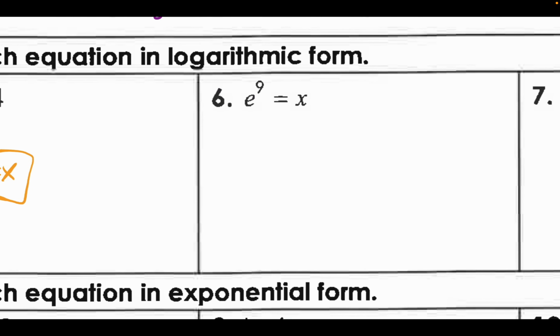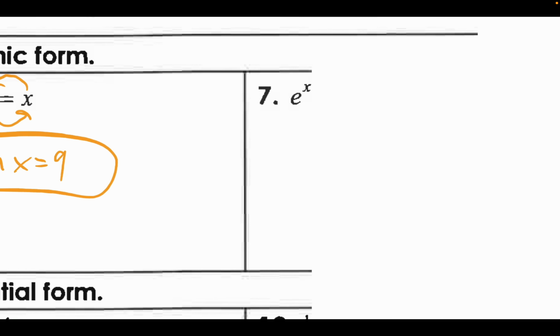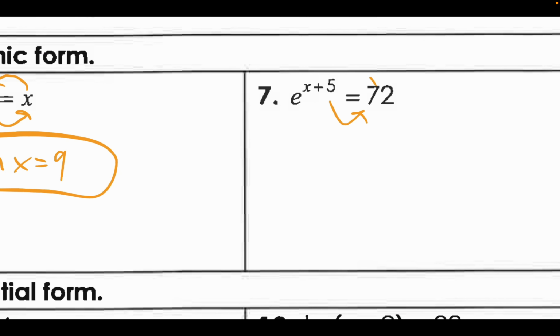Number 6, spiral again. It's going to be natural log of x equals 9. On number 7, do our spiral again. It's going to be natural log of 72 equals x plus 5.